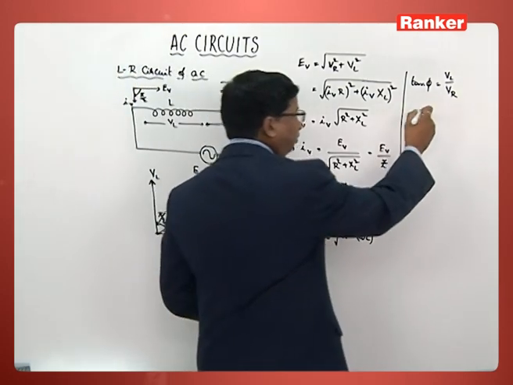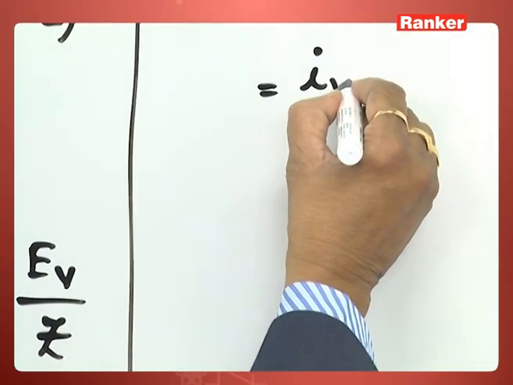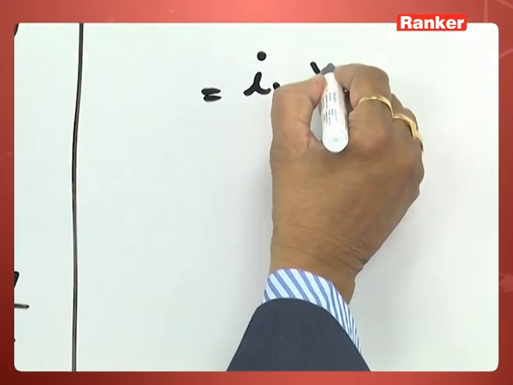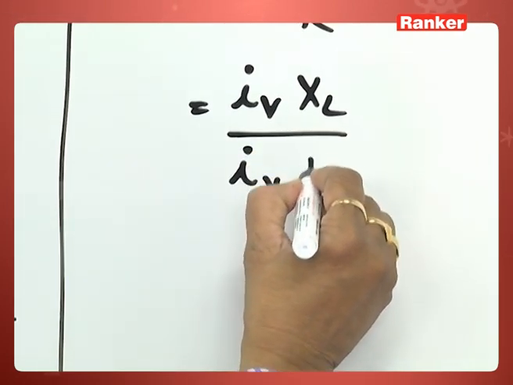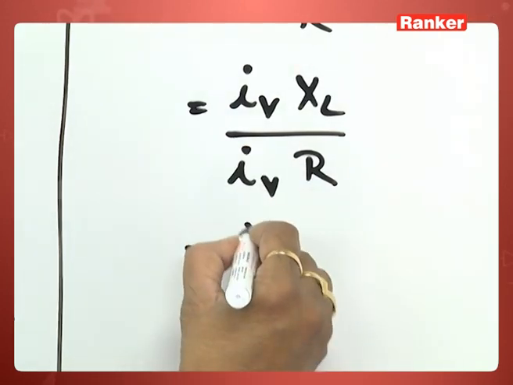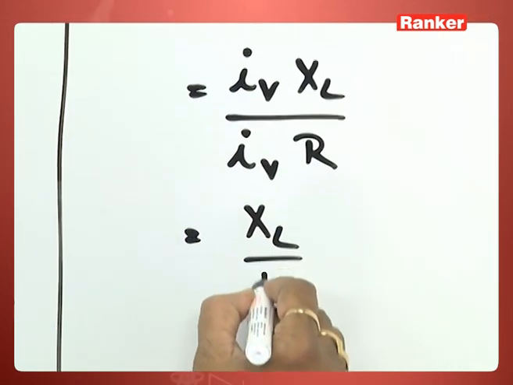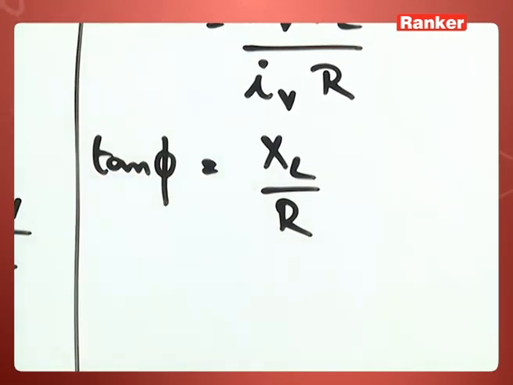At the same time, you can rewrite the same this way: virtual value of current into XL divided by virtual value of current into resistance. When that virtual value gets cancelled, XL by R now becomes tan phi for us.